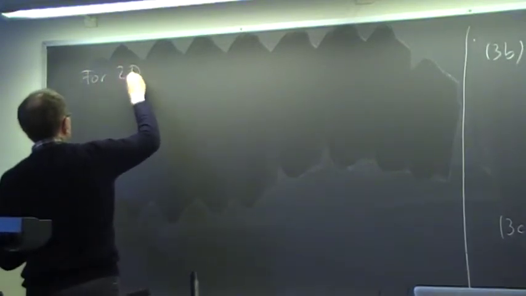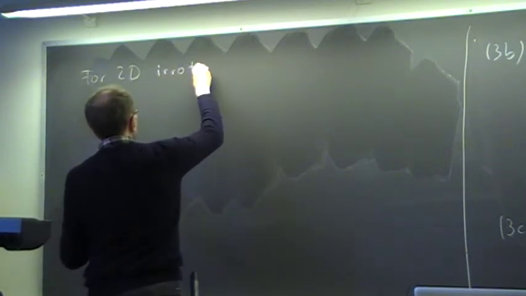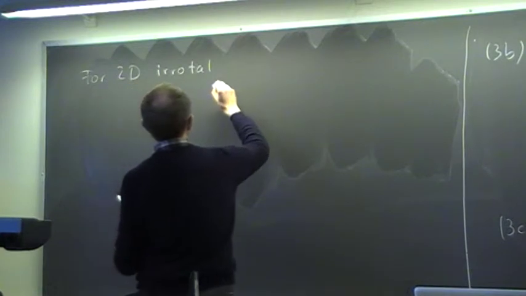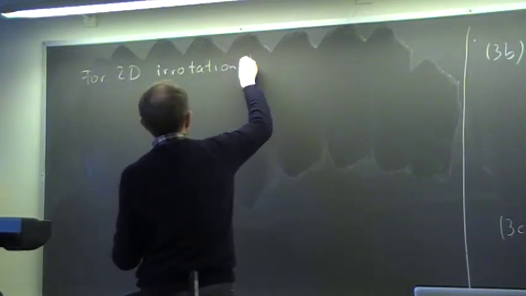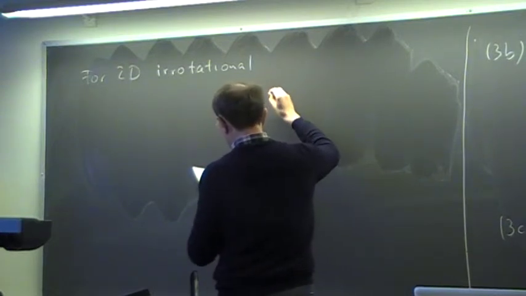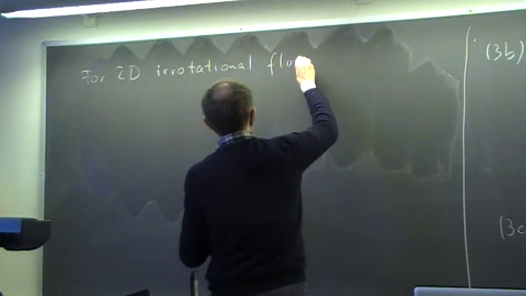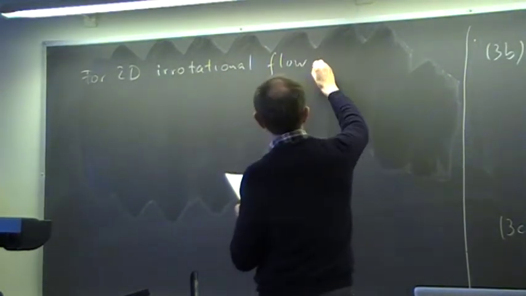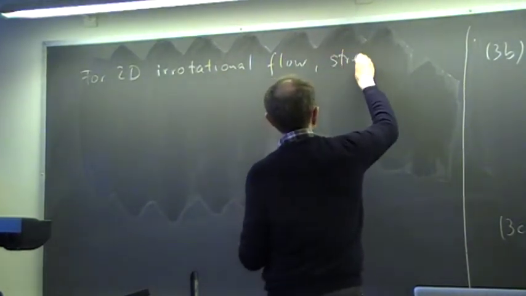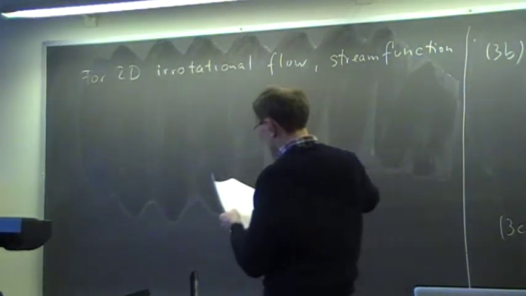If we restrict ourselves here to 2D irrotational flow, we have a stream function that is usually denoted by psi.